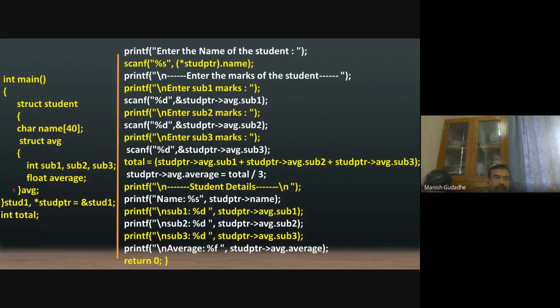We have declared a variable stud1 for the structure student. Let us say stud1 is stored at location number 100, with its parts, as we have already discussed, so I'm not going to discuss this more.